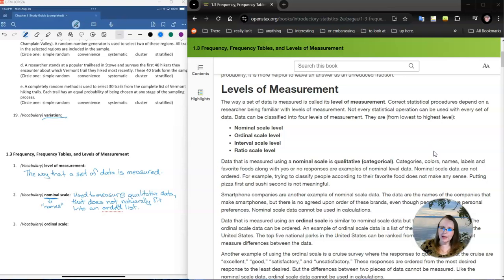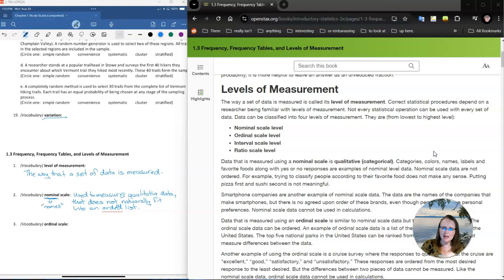It's just a category. If I wanted to see how many people had different first names at VTSU, the names don't fit in any priority order. That's not a thing.